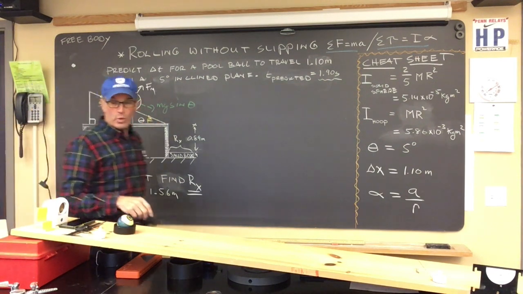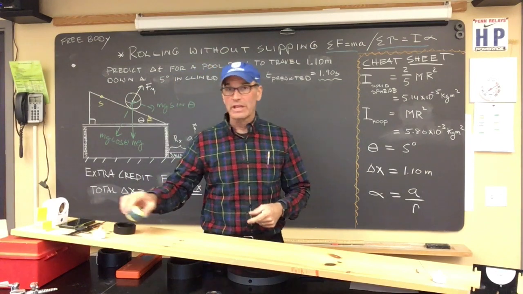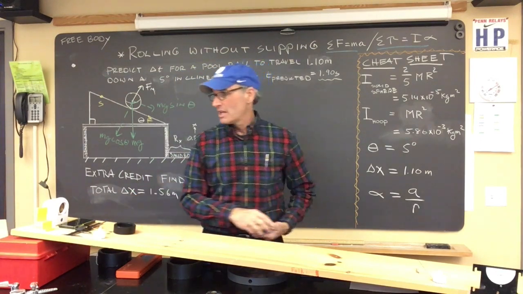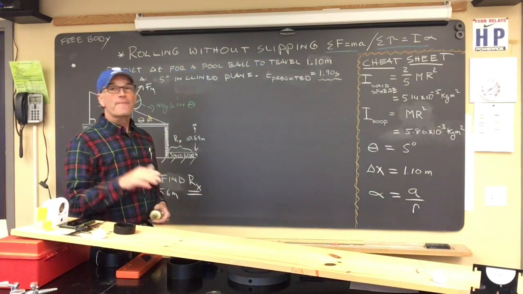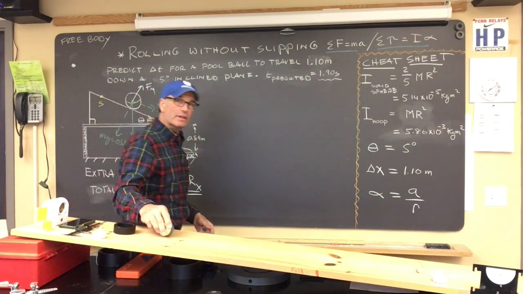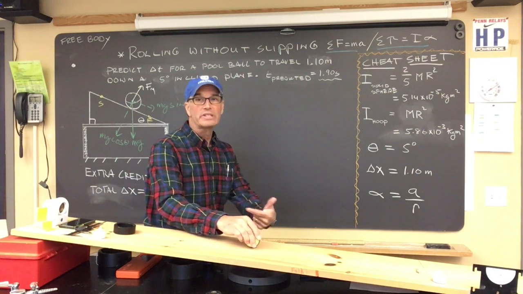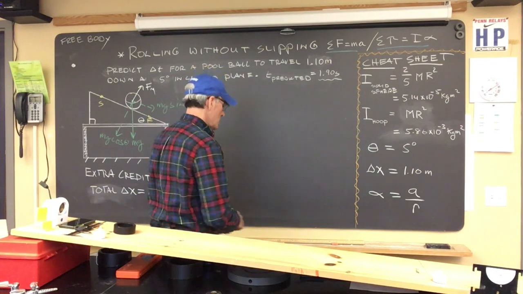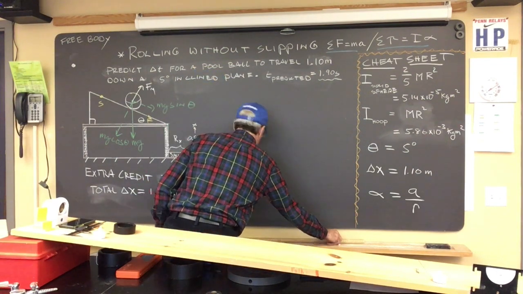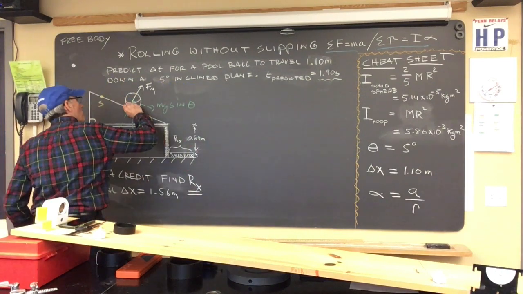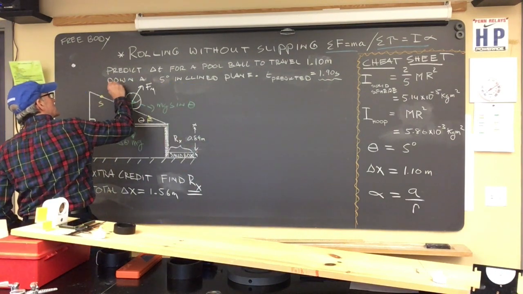Now, what allows this ball to roll without slipping down the inclined plane is the friction force. Okay, if I were to push this down the inclined plane, the friction force always acts opposite the motion. So I'm going to label a friction force between the ball and the surface.